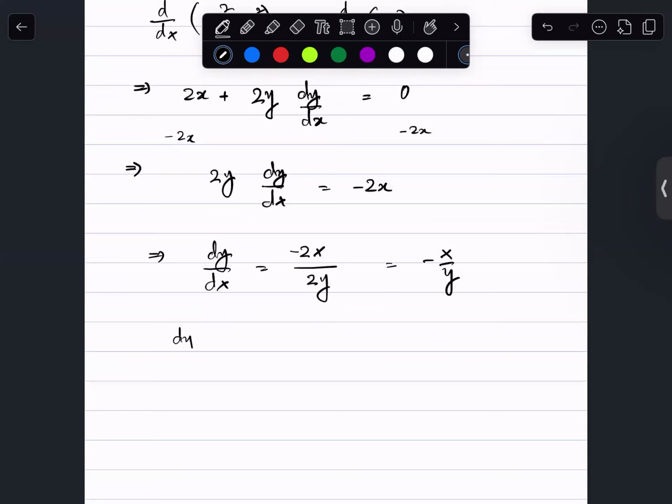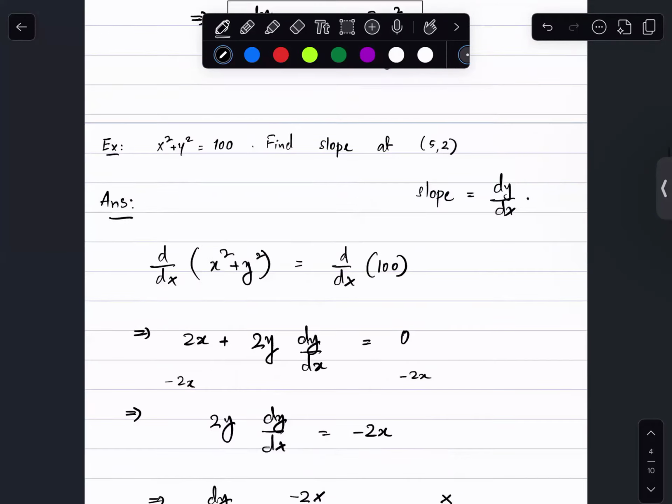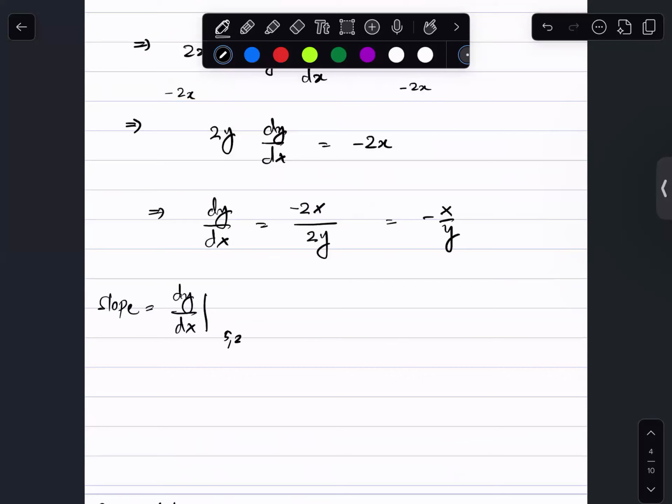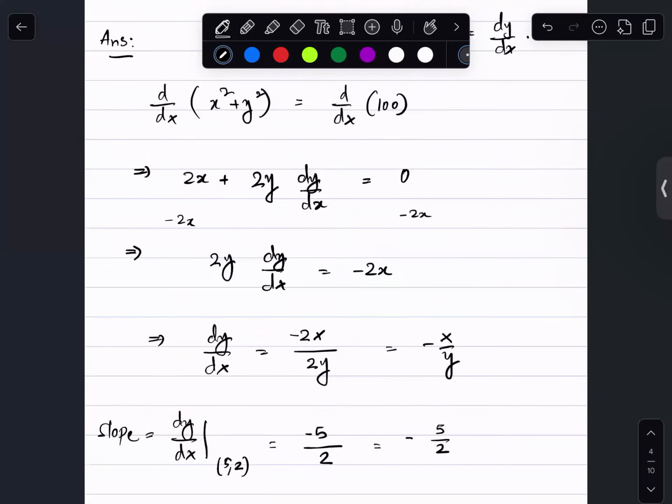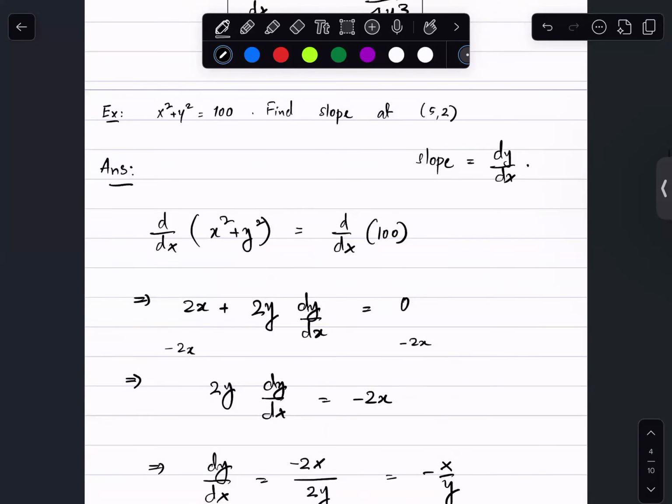Now I need the slope at 5 comma 3, right? No, 5 comma 2. So I just choose my x to be 5 and y to be 2 to get my slope to be negative 5 over 2. So this is the slope of the circle.